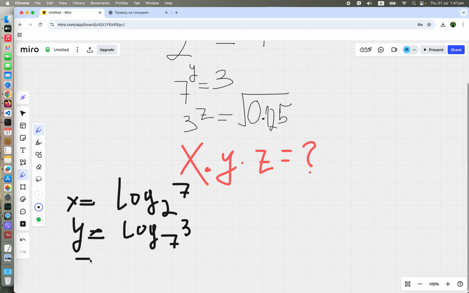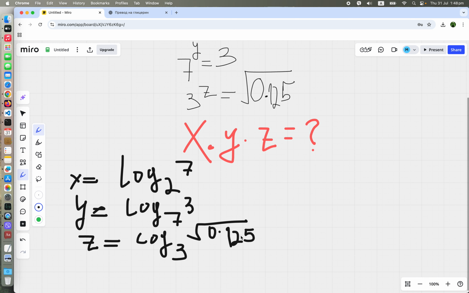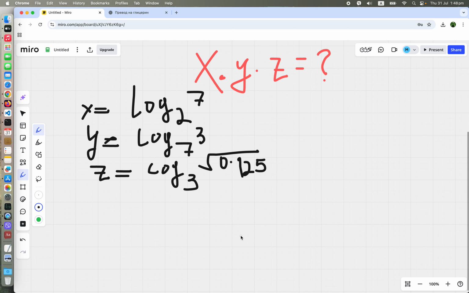And that's gonna be the same with z. Z is gonna be logarithm base 3, because we power 3 to power z, of square root of 0.125.